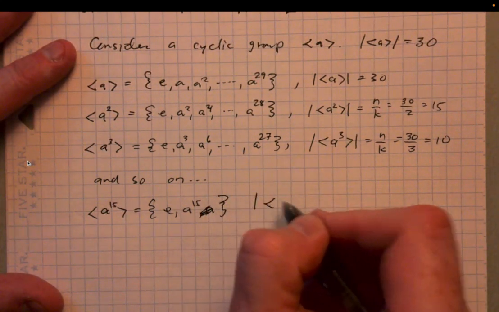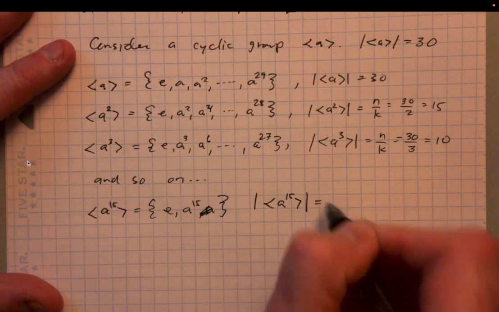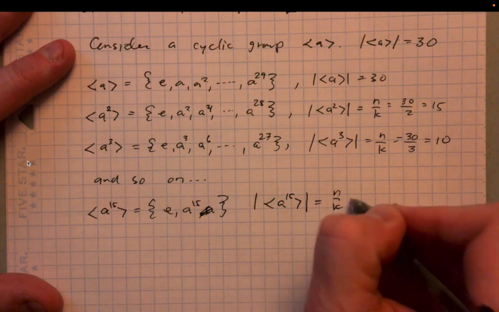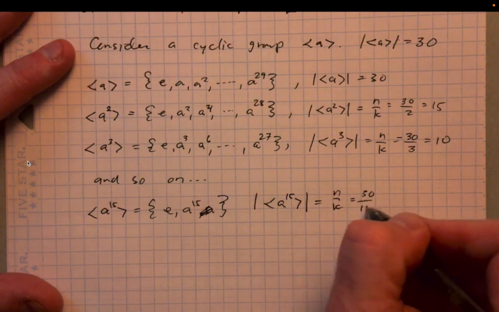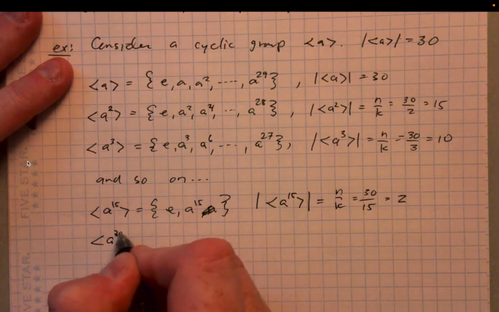And the order of that is of course equal to n over k, which is 30 over 15, which is 2. Right? 2 elements there. And then a to the 30th would just be the identity. I guess I can put that on there, just for completeness.